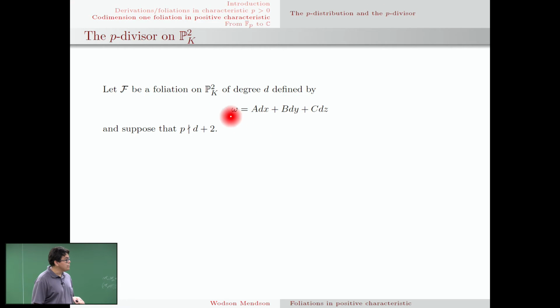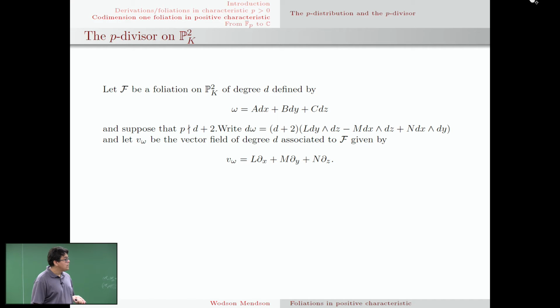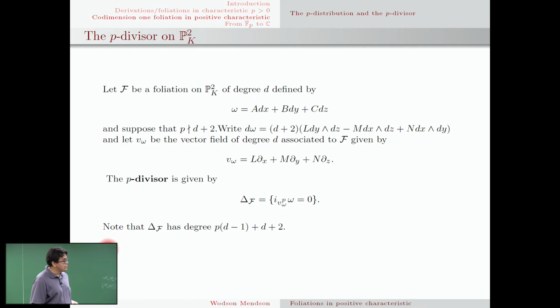You take a foliation on P2 given by this, and we write omega in this way, and take the vector field that is tangent to the foliation with divergence 0. The p-divisor in this case is just the contraction of the p power of this vector field with the one-form here. In that case, this divisor has degree p times (d minus 1 plus t plus 2).